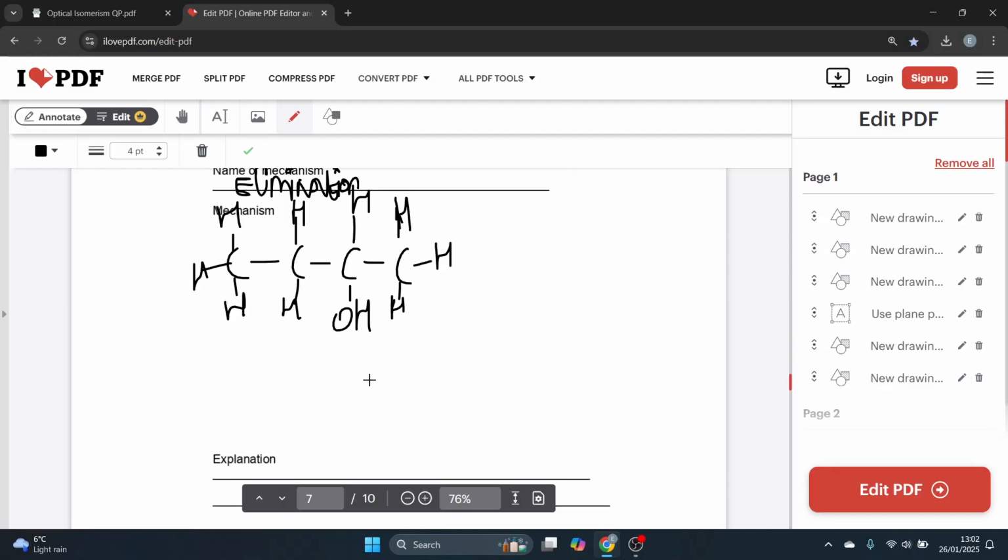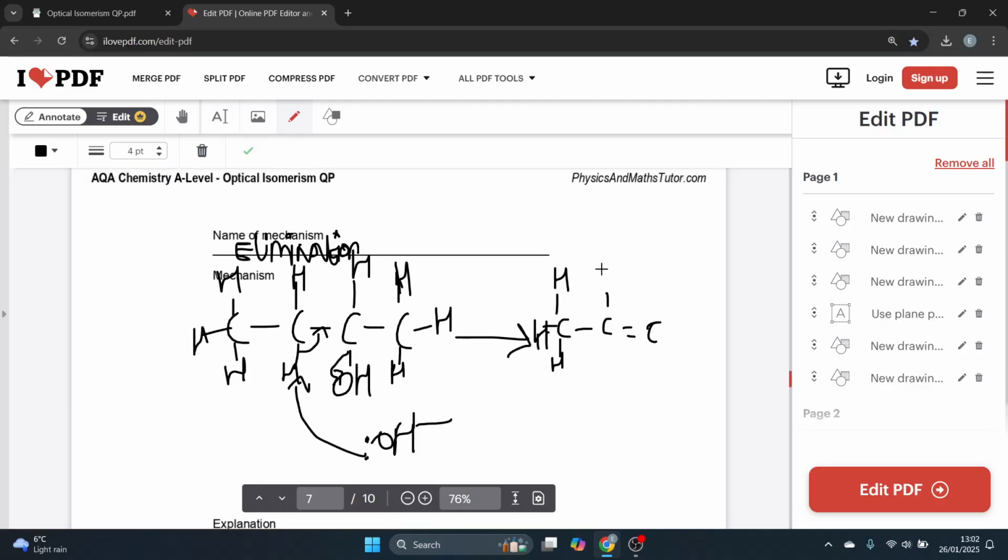So what happens is the lone pair of electrons on OH minus, in this case, acts as a base, takes a proton, and the left carbon has a spare electron, wants to form a double bond. In order to form the double bond, the C-OH bond must break. Therefore, I've got now CH3, CH. Obviously, this OH minus has taken this hydrogen, so there's no hydrogen left there. This hydrogen stays the same.